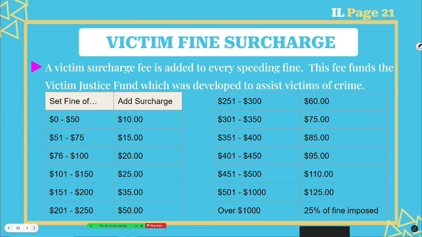If you're 51 to 75, it's 15. If you're 76 to 100, it's 20, etc., etc. You'll notice at the end of the table, the very last row, if your set fine is over $1,000, the victim's surcharge fee will be 25% of whatever your set fine is.